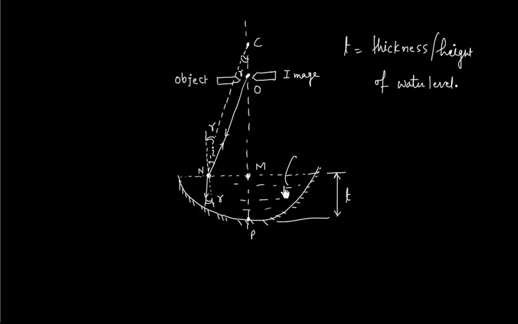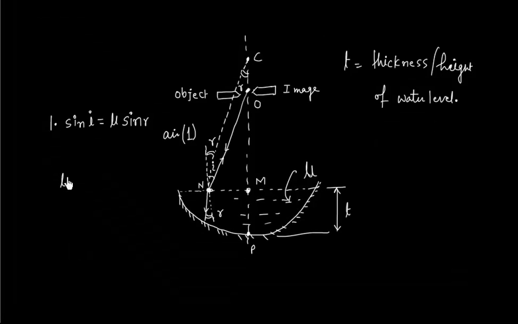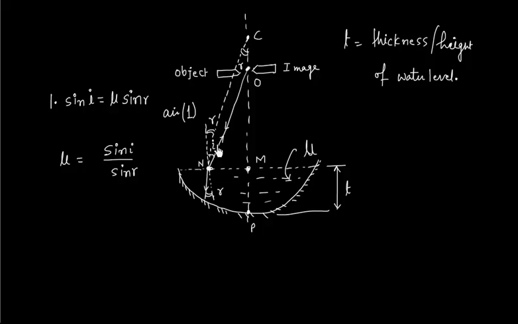Refractive index of water is mu. Now on this surface we can apply Snell's law. Refractive index of this side is 1 because this is air. So 1 into sin I is equal to mu into sin R. So from here we can write mu is equal to sin I by sin R. Now these angles I and R are small.